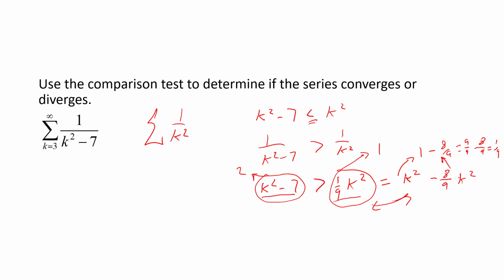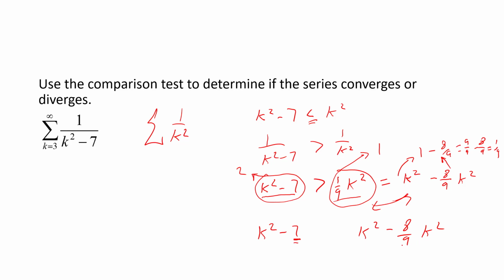And you might be wondering, well, what was the point of that? Well, now it makes it easier to compare, because now you're comparing k squared minus 7 with k squared minus 8/9 k squared. On the left side, you're only subtracting 7.